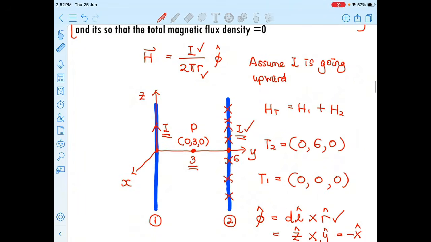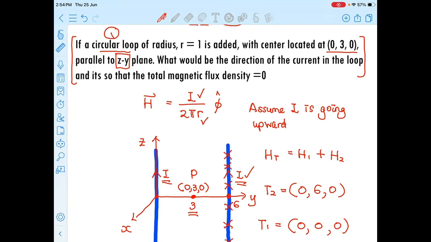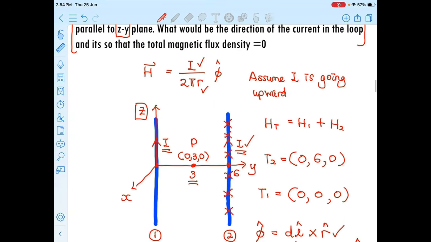Where is the ZY plane? This is our Z, and this is our Y. So ZY plane means that we are going to have the circular loop over here. The center is here, and the radius is equal to 1.